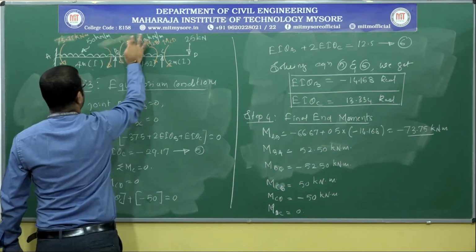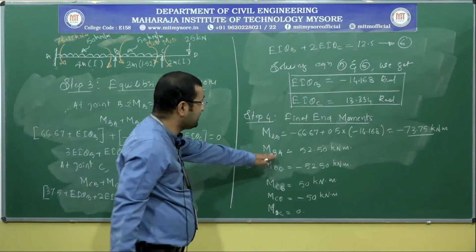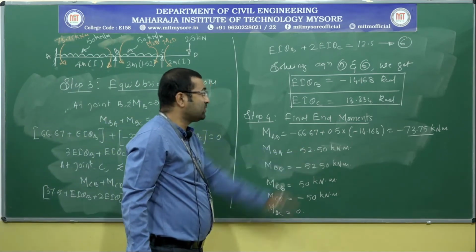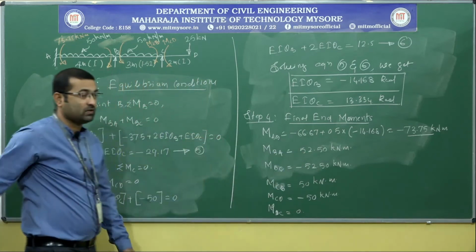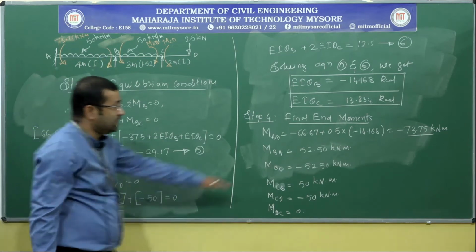Similarly, MBA is plus 52.50, and plus indicates clockwise in direction, so we have marked it as clockwise.